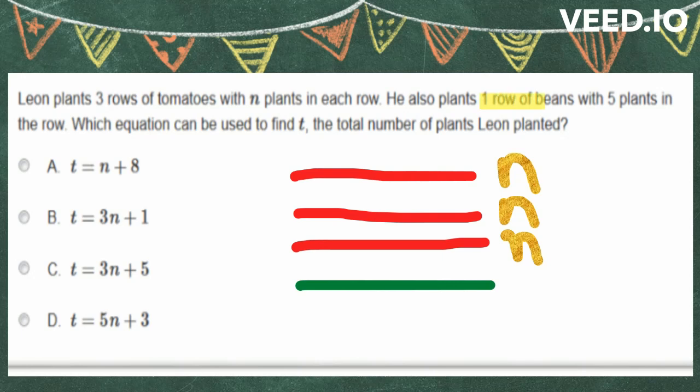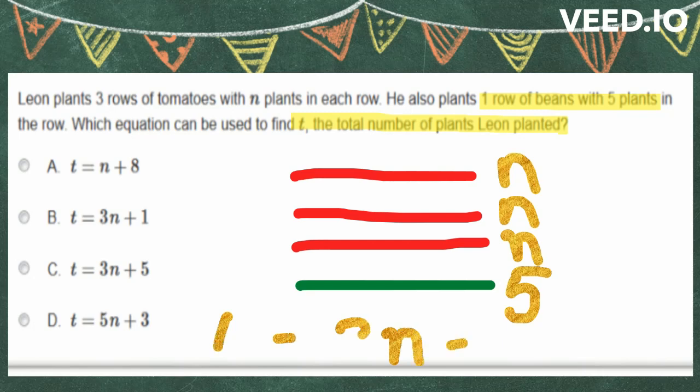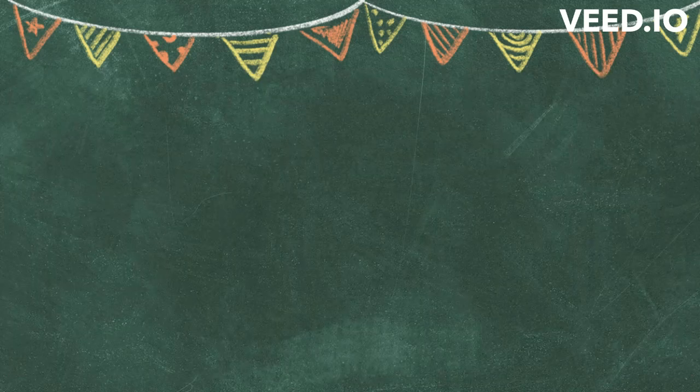This row of beans has 5 plants. Which equation can be used to find T, the total number of plants that Leon has planted? T is the total number of plants, which is 3n plus 5, right?